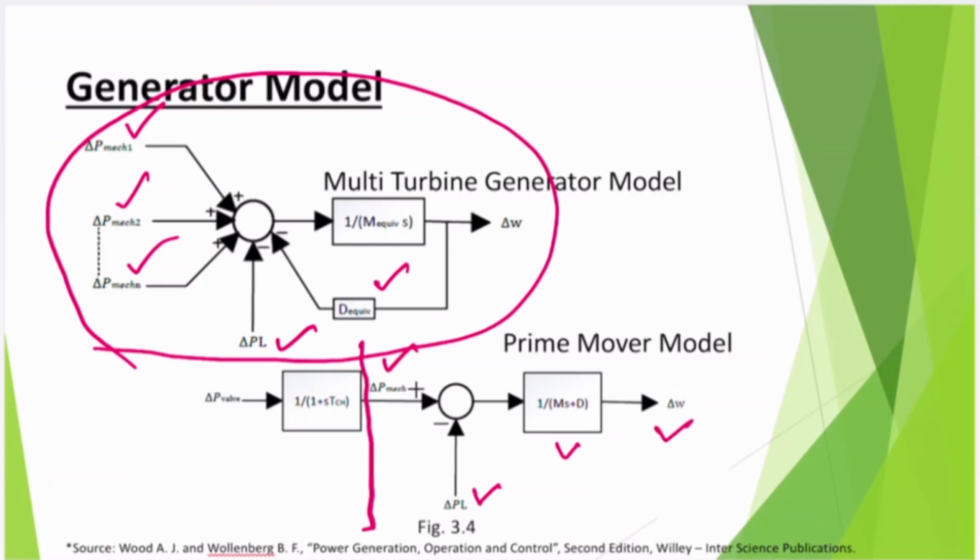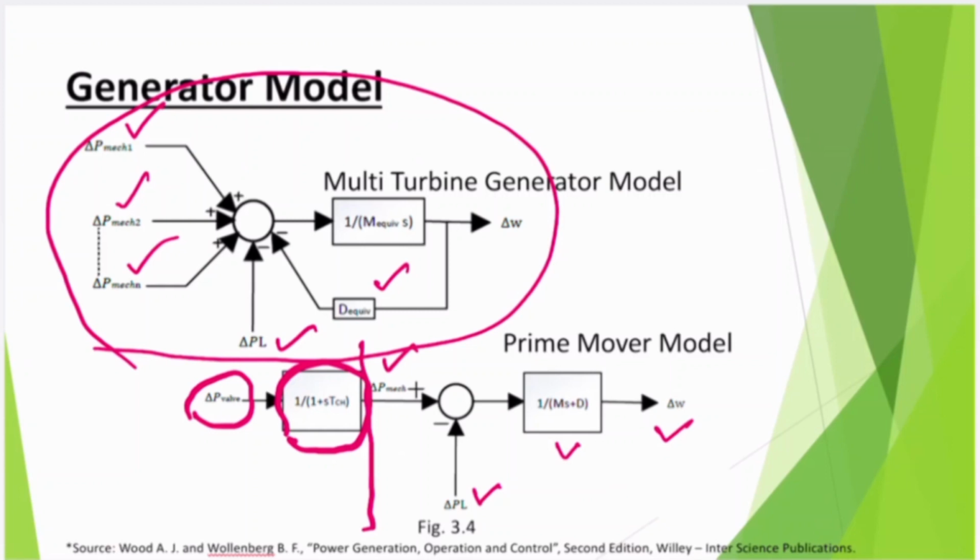Now we need to understand where I am getting delta P mechanical from, who is providing this. They are coming from a valve. So I can have delta P valve with a constant 1 upon 1 plus ST. I will explain those variables, and then you get your delta P mechanical, and the rest of the portion remains the same.